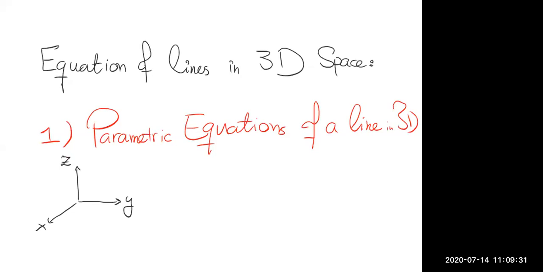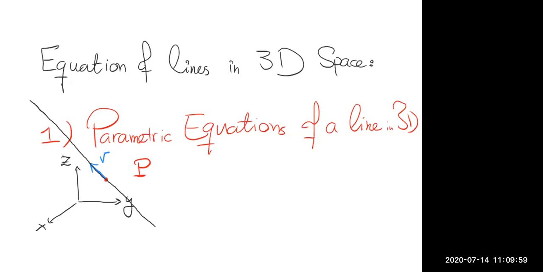If I give you a point P which the line passes through, and then if I give you a direction, say V, which is the direction of the line, that would uniquely give you the line. I mean, there's just one line passing through P in direction of V, right? And that would be this line.